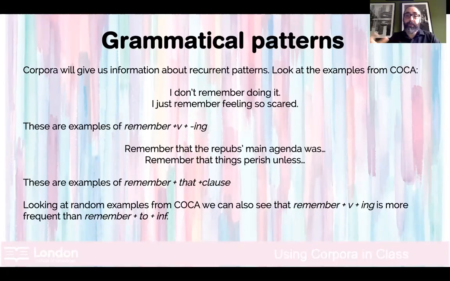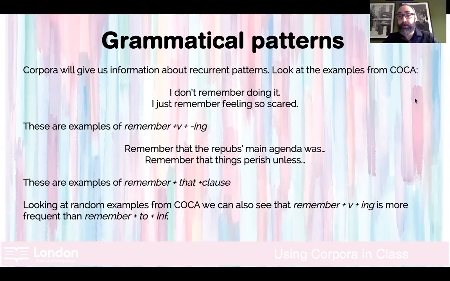Meaning something that happened in the past, okay, and remembering that. Remember plus verb plus ing, I was saying. Another use might be, remember that the Republican's main agenda was something, or remember that things perish unless something. Examples of remember plus that plus clause.